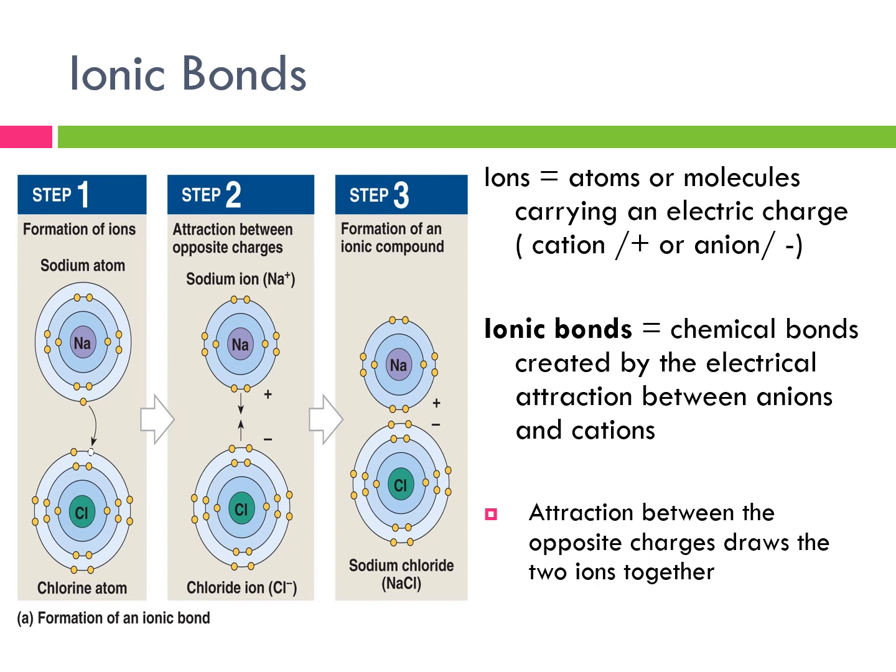So if we're going to form a bond between two different ions, let's look here at how we form this ionic bond. So here we have a sodium atom and a chlorine atom. And the sodium atom has 1 electron in its valence shell, and the chlorine atom has 7 electrons in its valence shell.